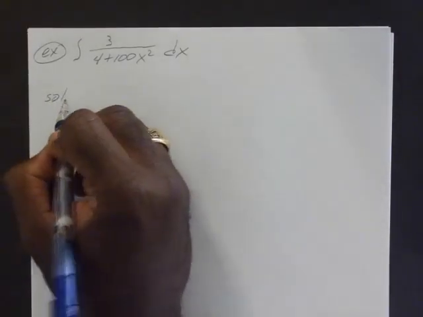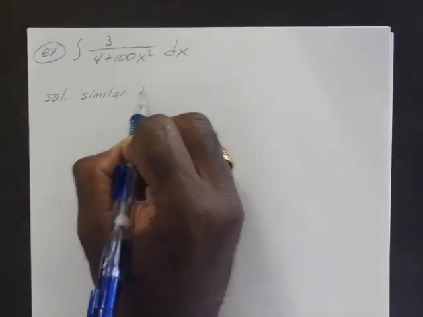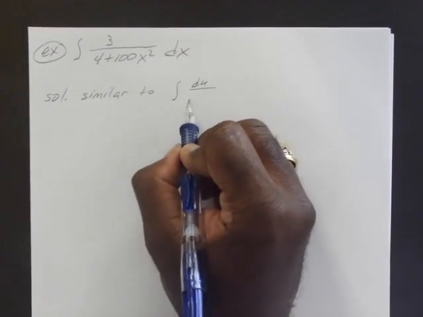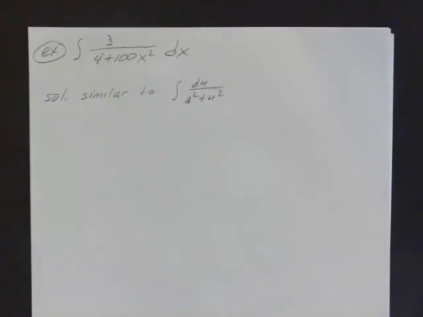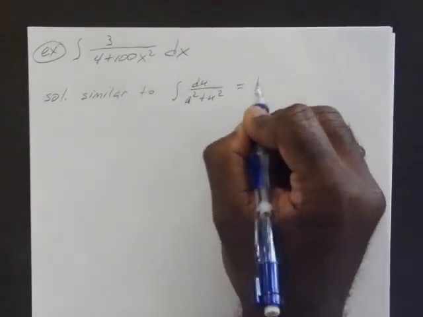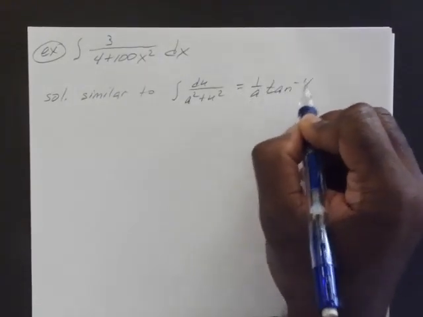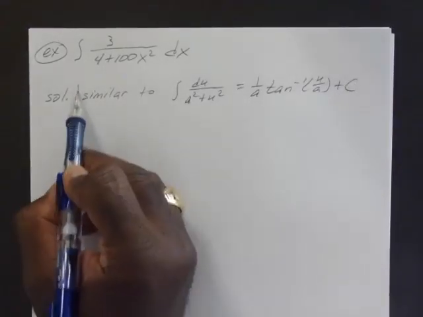Okay, well, if we look at this one, it's really similar to the integral of du over a squared plus u squared. And we know that is equal to 1 over a times tangent inverse of u over a plus c.